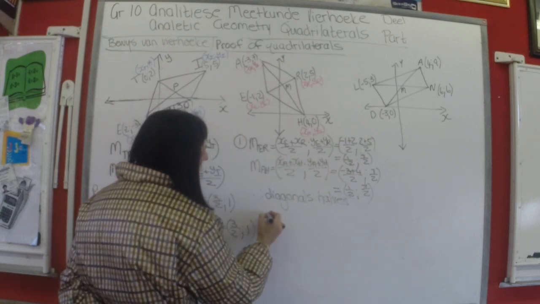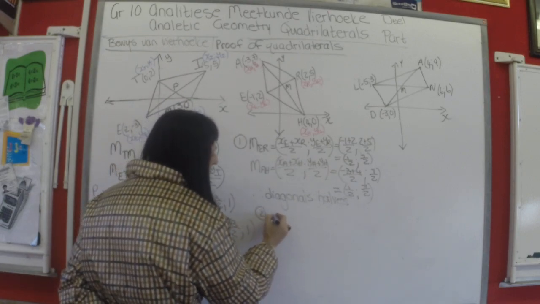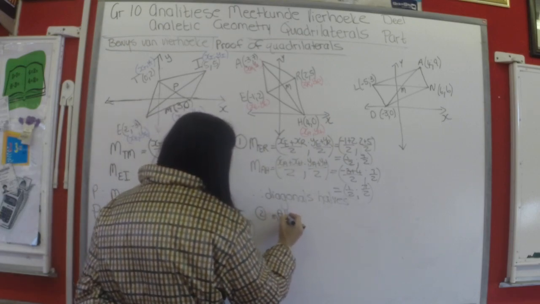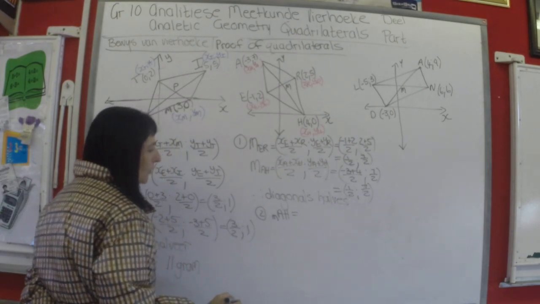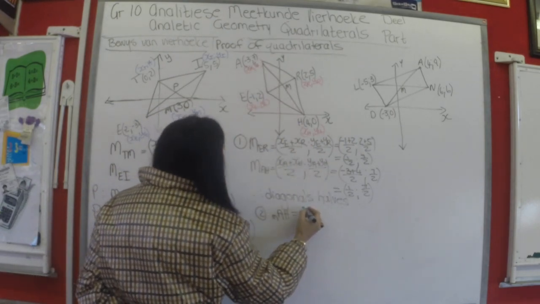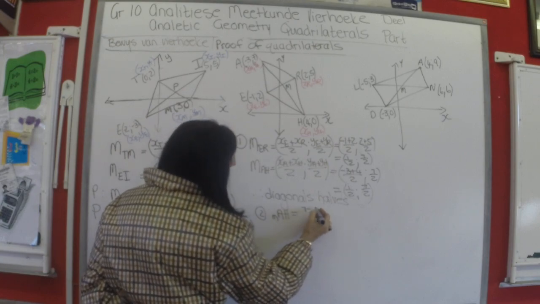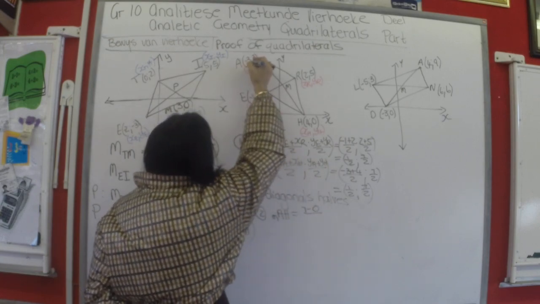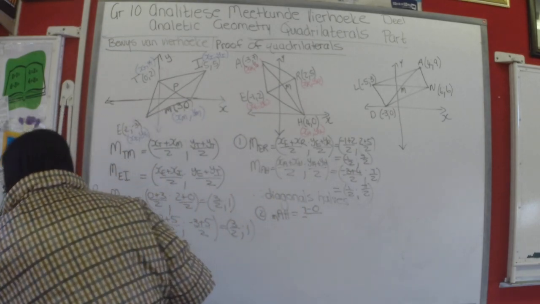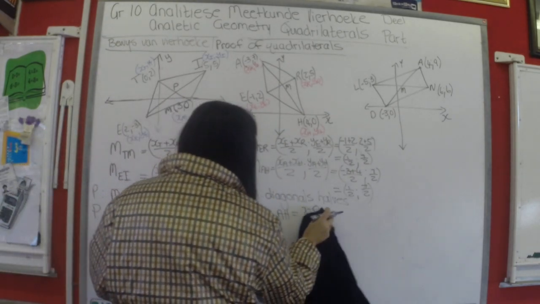So kom ons kry die gradiënt, small letter m, of AH. Let's write down the formula. The gradient of AH is the difference in y. You must write the formula first, sorry.